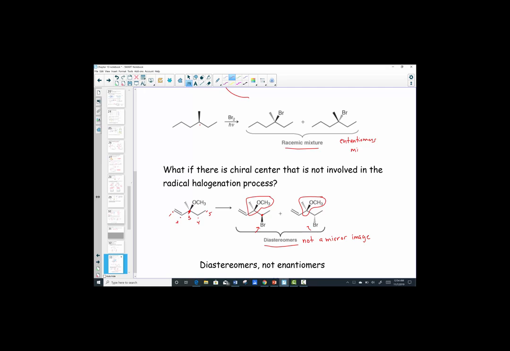These are mirror images, and that is because there was no original chiral center first, right? It added on to the carbon. If there is already a chiral center that's not involved in the radical bromination here, you're ending up with diastereomers, not enantiomers.